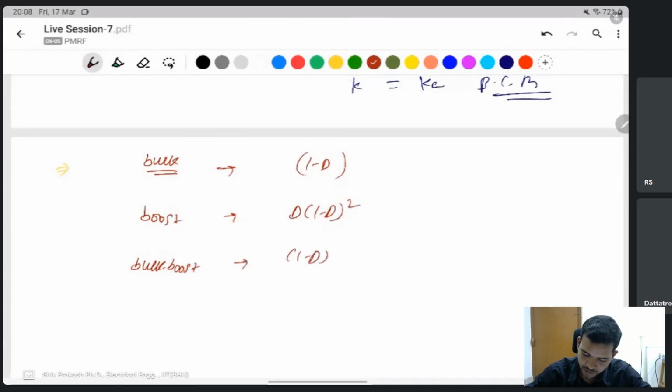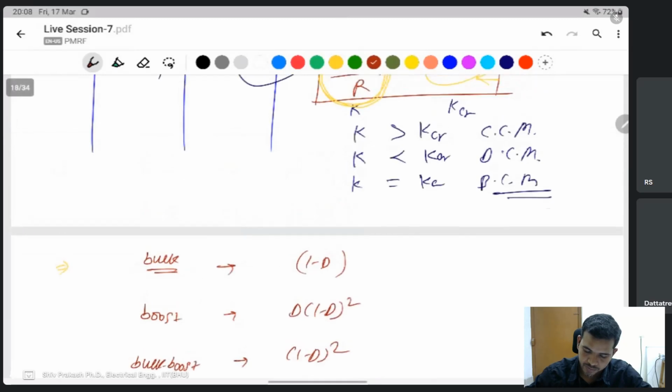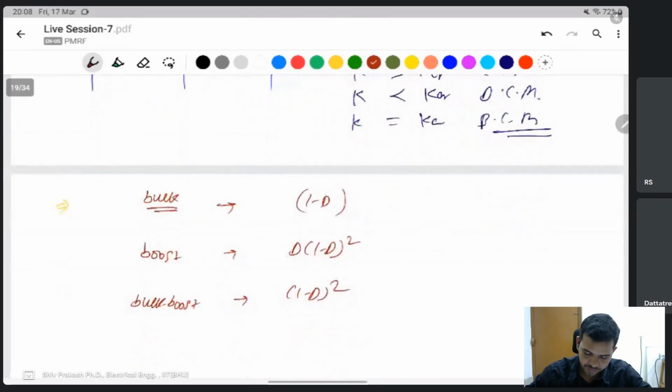And for buck boost, (1 minus D) square. This is the critical value of the duty cycle for each converter.